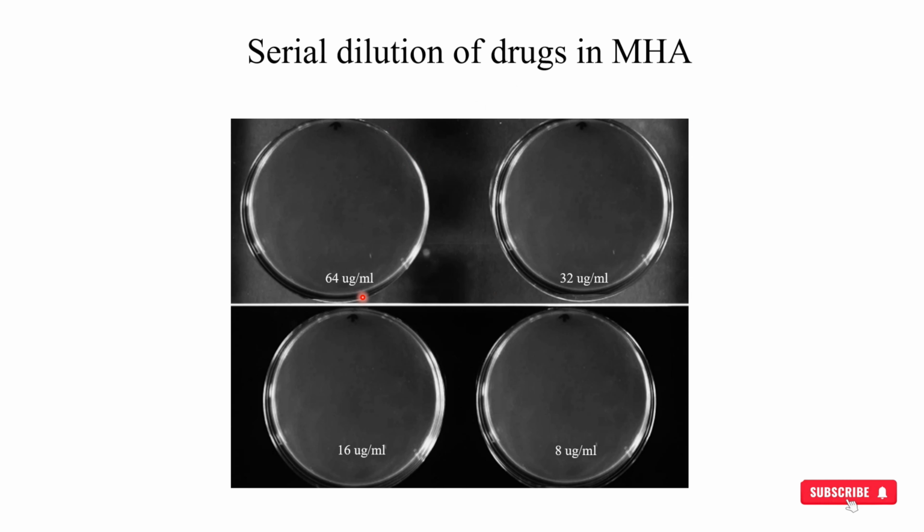First we will make different concentrations of antibiotics in Mueller-Hinton agar. Here you can see this is 64 microgram per milliliter antibiotic concentration. Here 32, here 16, and here 8 microgram per milliliter antibiotic containing Mueller-Hinton agar medium.